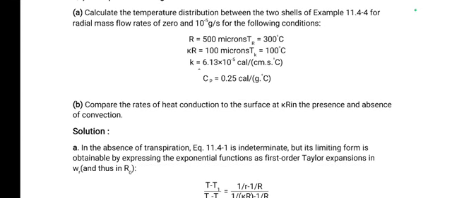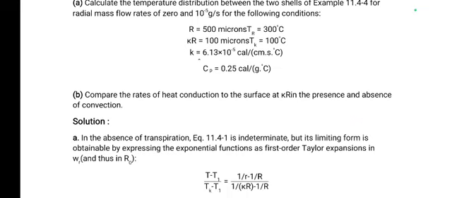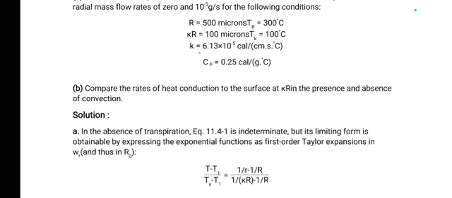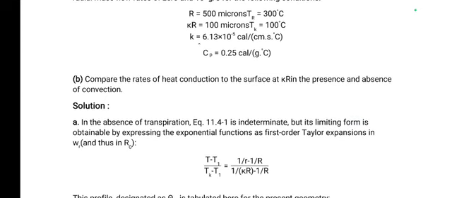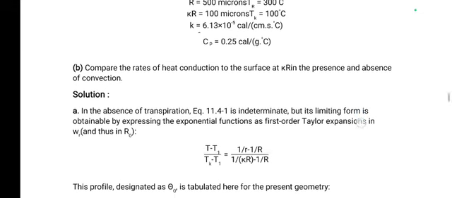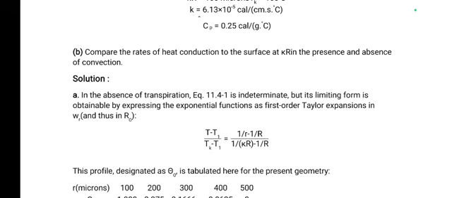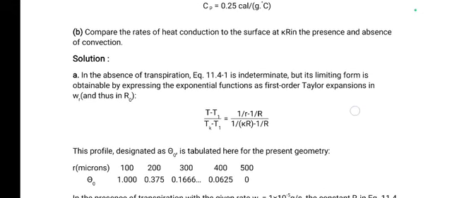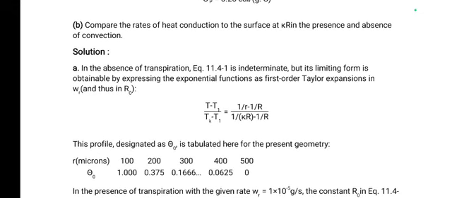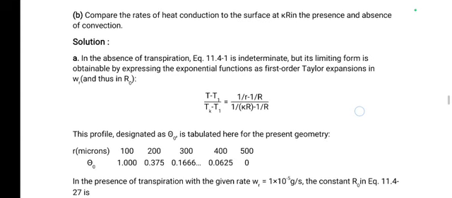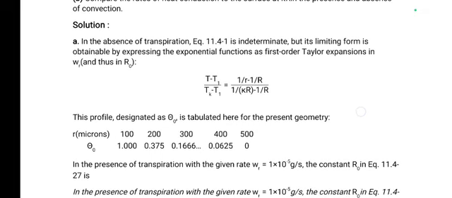R equal to capital R equal to 500 microns, TR equal to 300 degrees Celsius, KR equal to 100 microns, TK equal to 100 degrees Celsius, K equal to 6.13 to the power minus 5 calorie per centimeter second degree Celsius, Cp equal to 0.25 calorie per gram degree Celsius. B part is compare the rates of heat conduction to the surface at Kr in the presence and absence of convection.